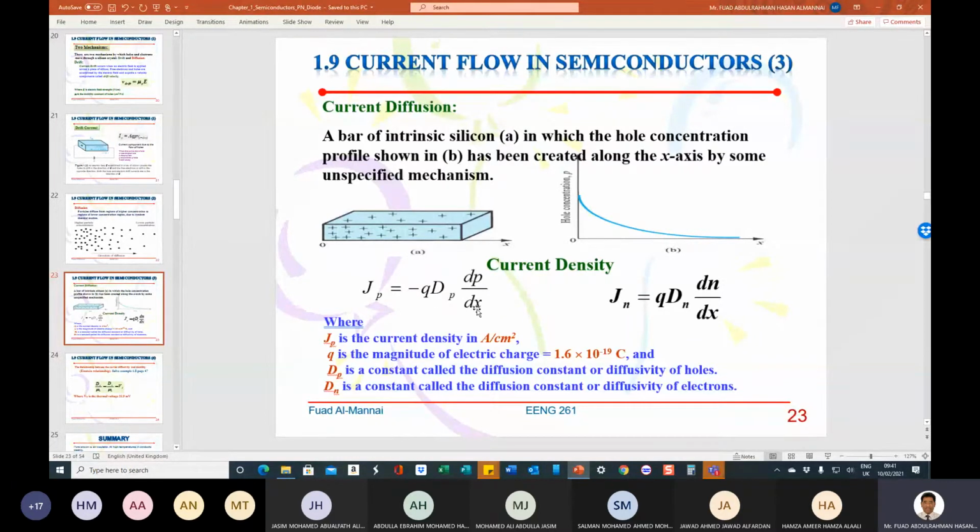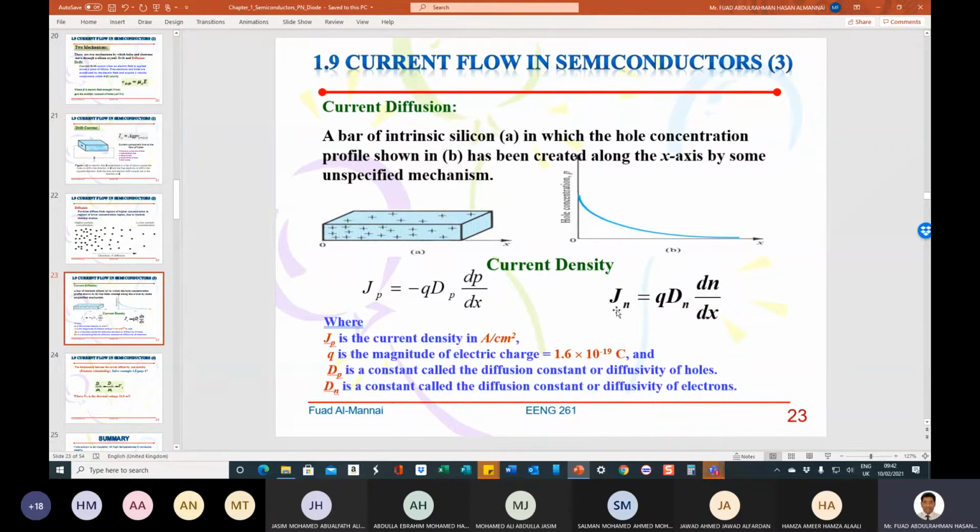Here Jp is the current density and q is the magnitude of electric charge, which is of course 1.6 times 10 to the power minus 19 coulomb. Dp is called the diffusion constant of holes, and Dn is the diffusion constant of electrons.